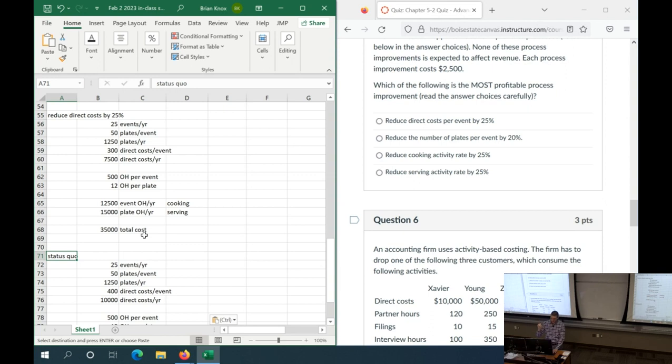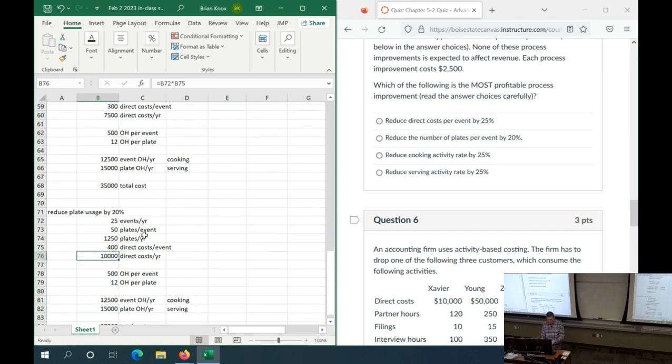So I wonder if the number of plates, which is the amount of consumption of the driver, and the rate, which is how much we charge per driver, is associated with that, which is the serving activity. I wonder if he made those percents different because he wants to make number 4 most profitable. All right, reduce plate usage by 20%.